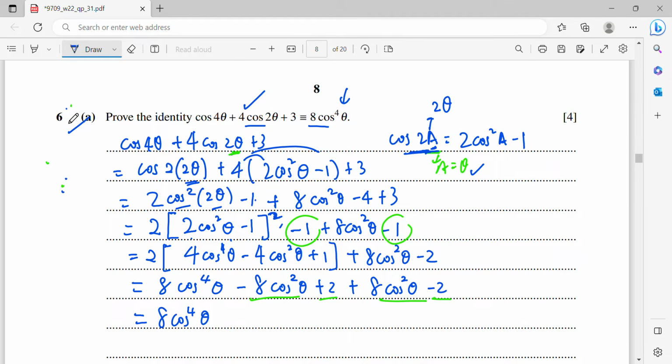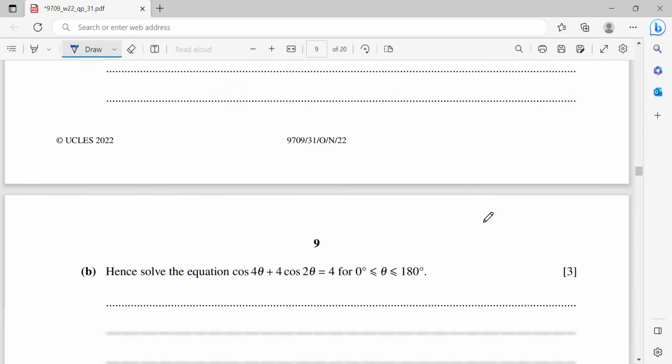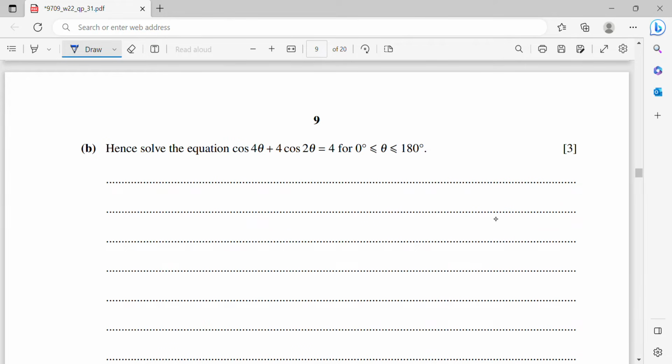So this is how I prove this identity. Since this is part A, now we have solved A and we move to B. B: hence solve the equation. Hence means copy the answer or use the answer from the previous part.